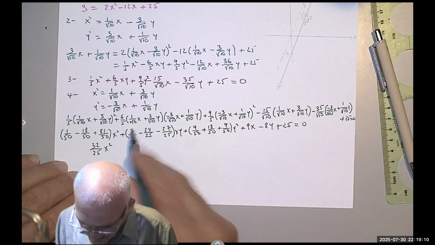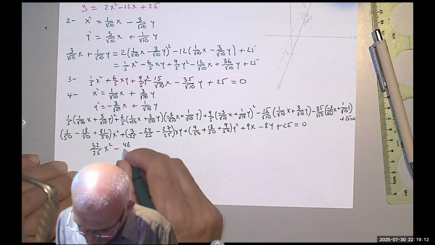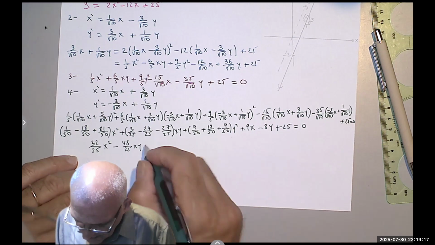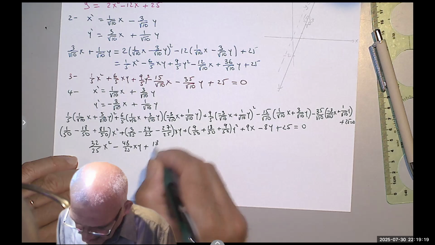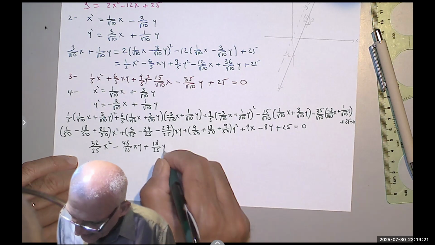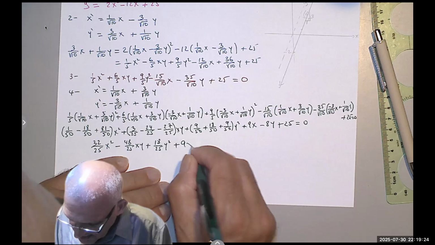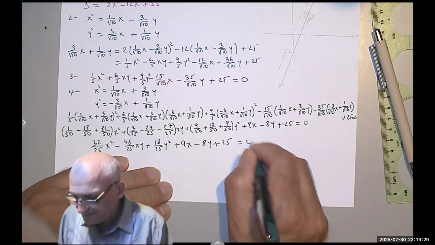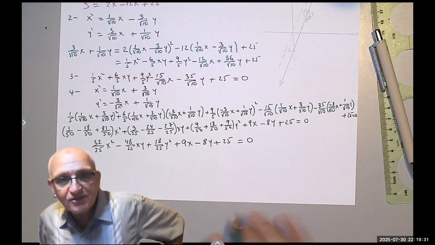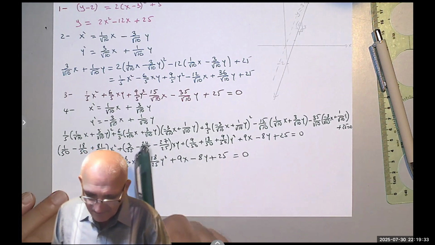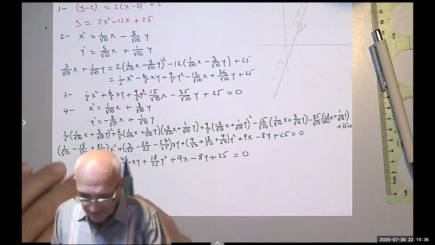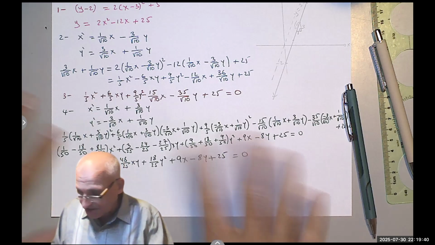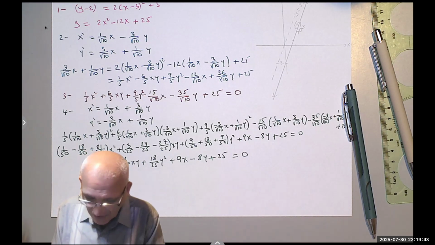Negative 51 plus 3 is negative 48 over 25 xy. 9 and 9, 18, and 18, 36 over 2 is 18 over 25 y squared plus 9x minus 8y plus 25 equals 0. At this point, I can make a quick check. In fact, I could have made it here, but no, better here because we already rotated and changed the y and so on and rotated back.